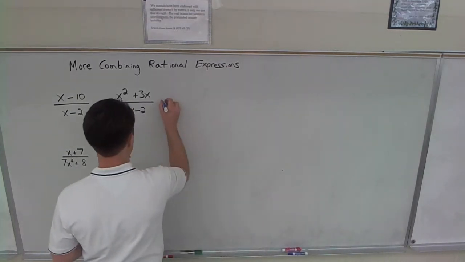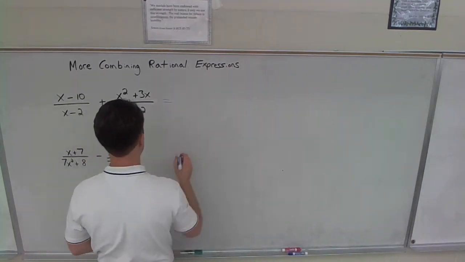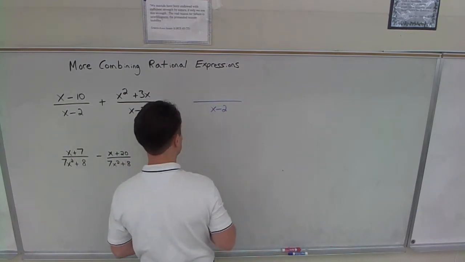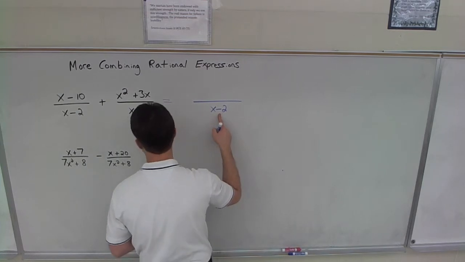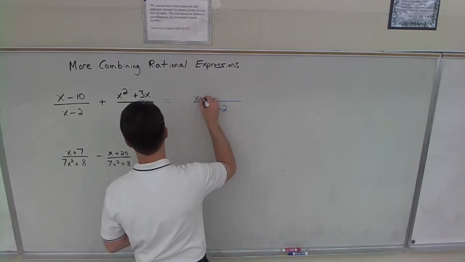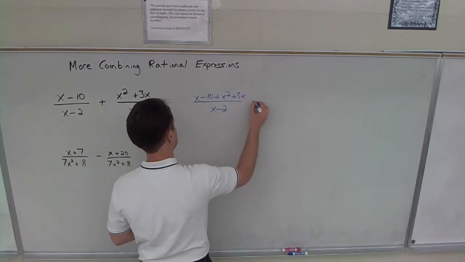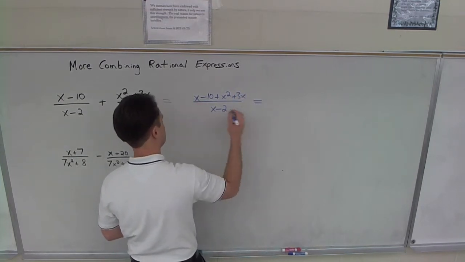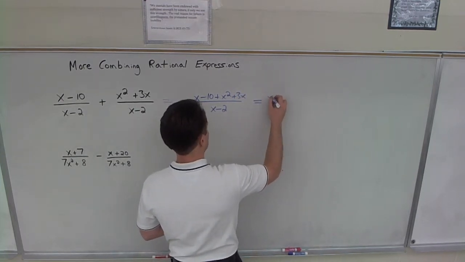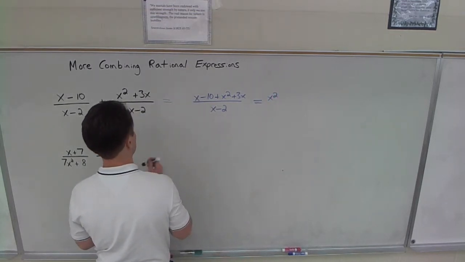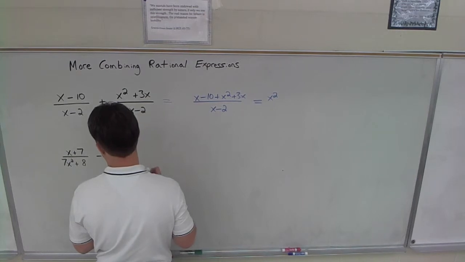So the first problem, we've got a common denominator already. Just like that last one, the answer is going to have that same denominator, and all we've got to do is put the stuff together on top in terms of like terms. Up there we have 3x and x, so that's x squared. You know what, I'm going to change this problem. Let's say I wanted it to come out nicely.